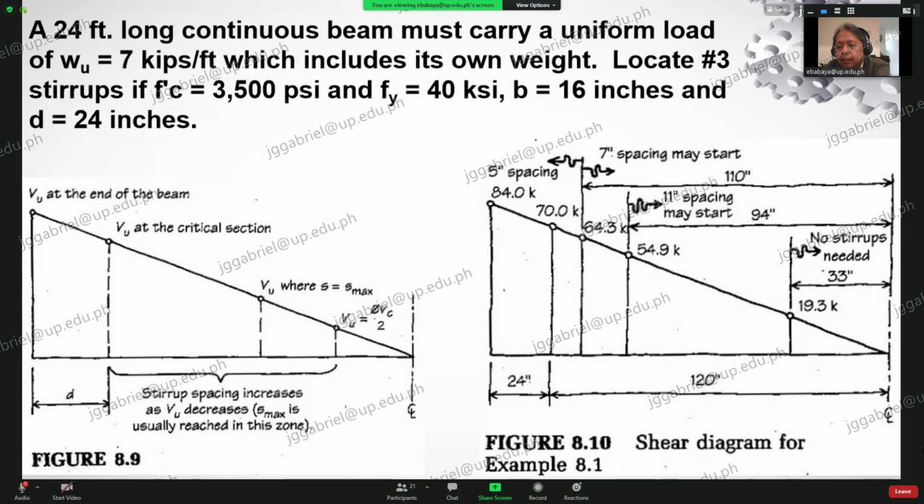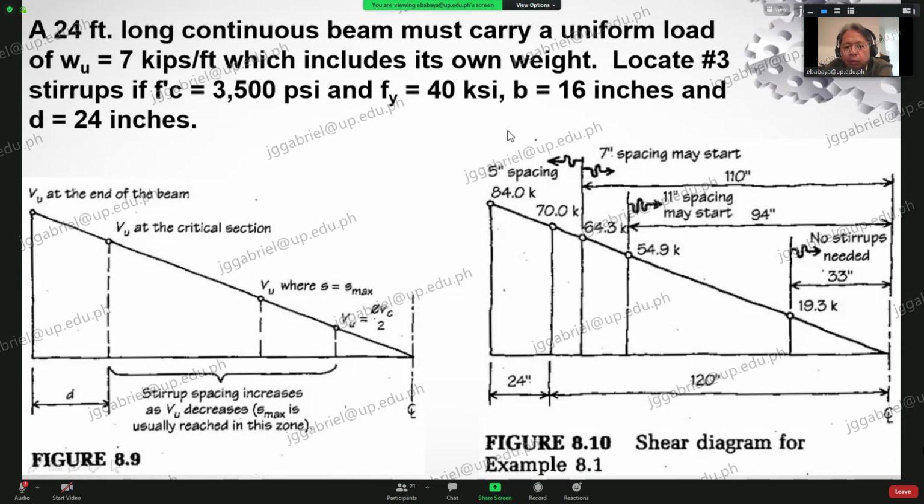Total vertical force is 168 divided by 2. Divided between the two supports at the left and right end, it becomes 84. So it is 84 kips. Now, identifying the critical region, which is 24 inches, the d away from the support, therefore this is 70 kips at the critical region.